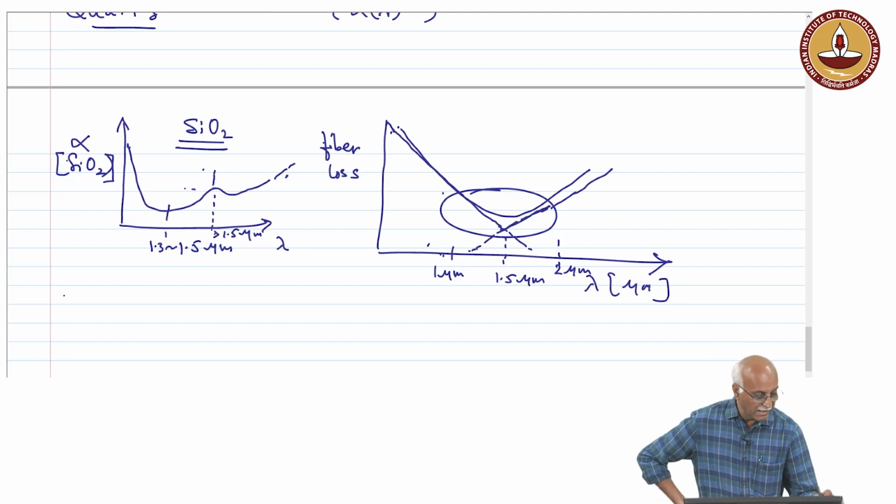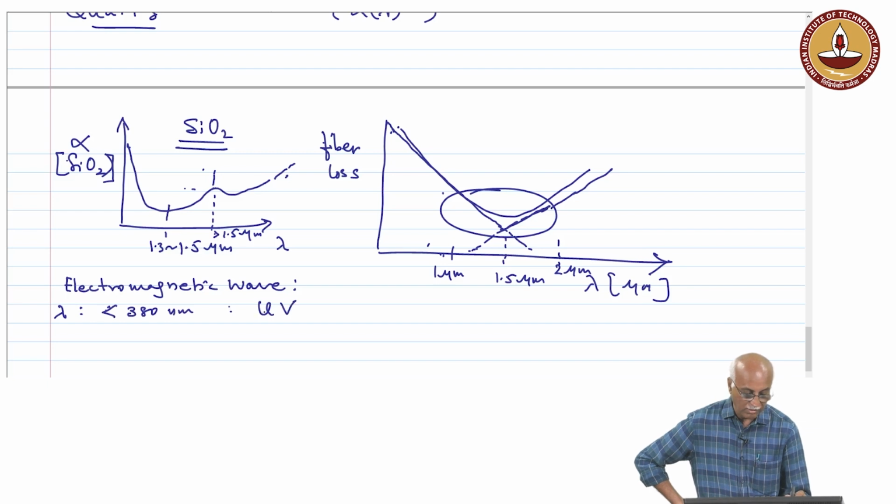Okay. So, when we consider the optical electromagnetic wave with wavelength range less than, let us say, 380 nanometer or so, it is known as UV, ultraviolet wavelength range.